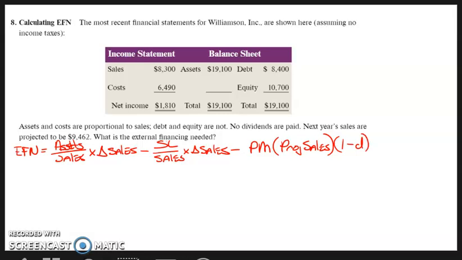In this case, there are no dividends, so D is 0. So that's just 1.